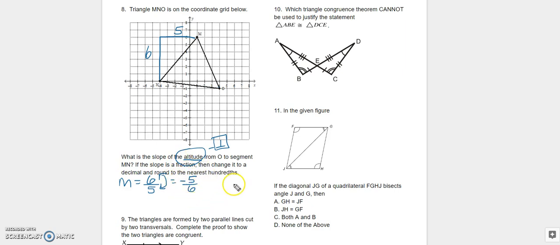However, it is a fraction, so I need to change it to a decimal. You should have a calculator available. If not, let me pull a calculator up.